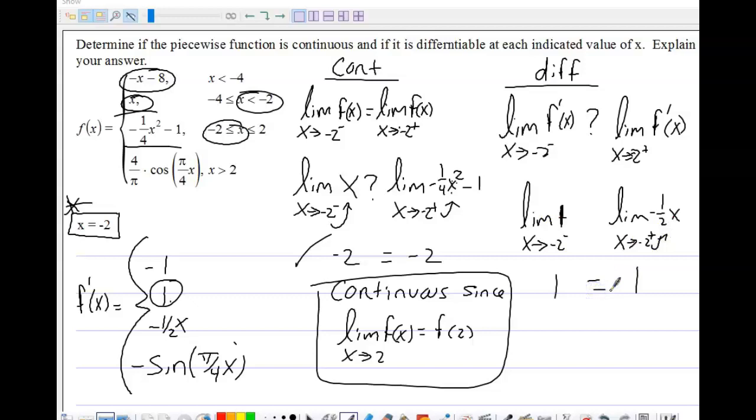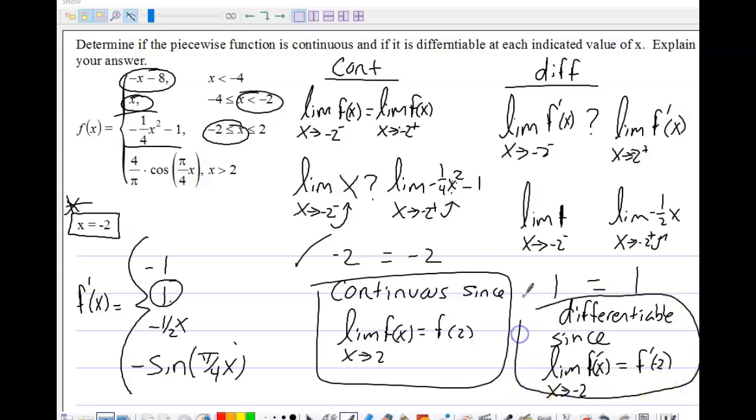Those are equal. So in this case, we're going to say, yes, it's differentiable, since the limit as I approach negative 2 exists, and therefore that's what the derivative would equal at that point as well. So, that one. Okay, next question.